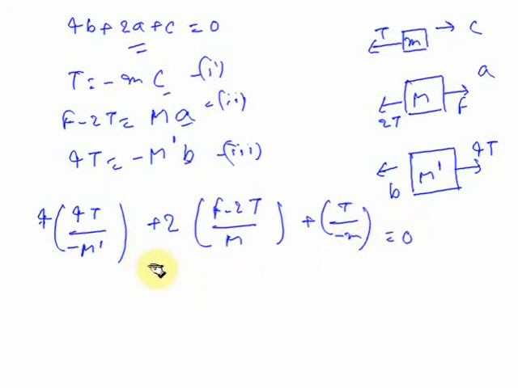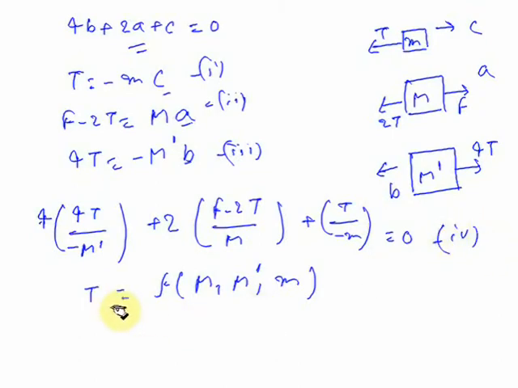Now from this equation we can get the value of tension, that is T, in terms of capital M, M dash and m. So this is straightforward. We can get the value of T from this equation. This is equation 4.